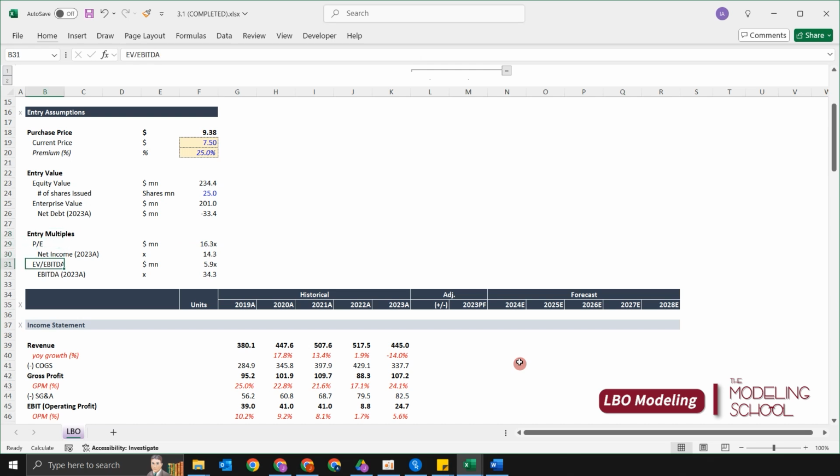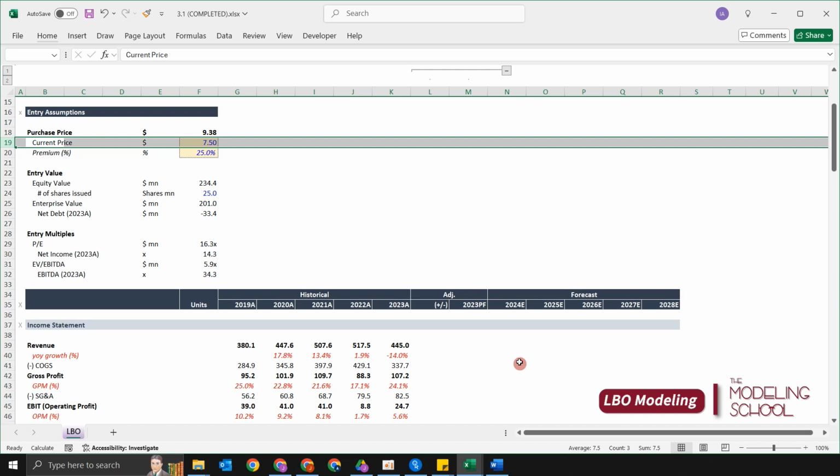So would you say that this is a high multiple? Well, it depends. It depends on the industry average. It depends on how the peers are doing. It depends on the time, the current price.